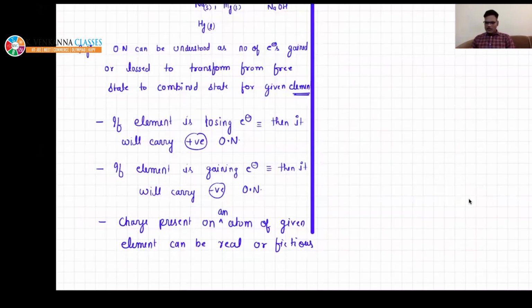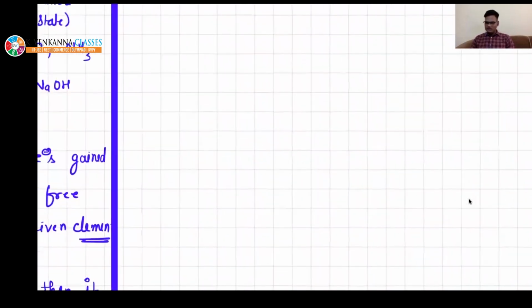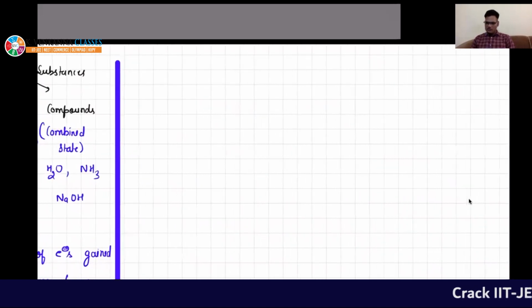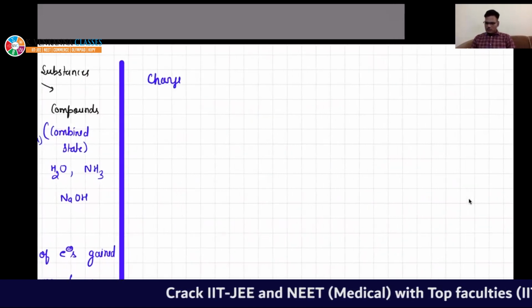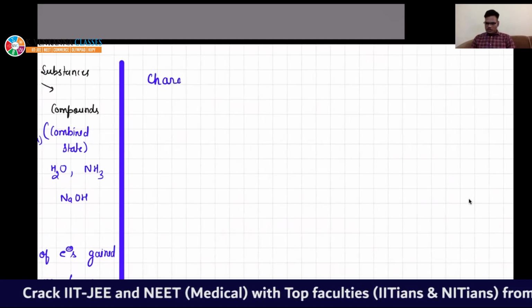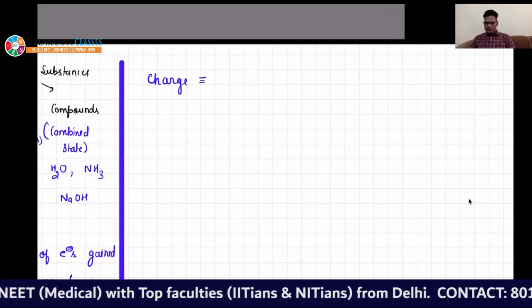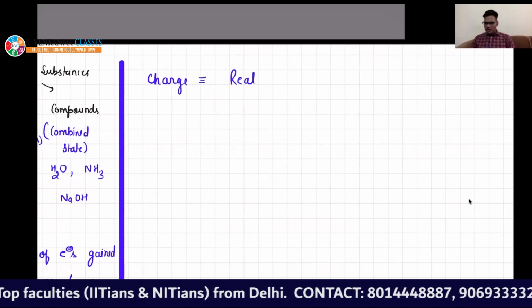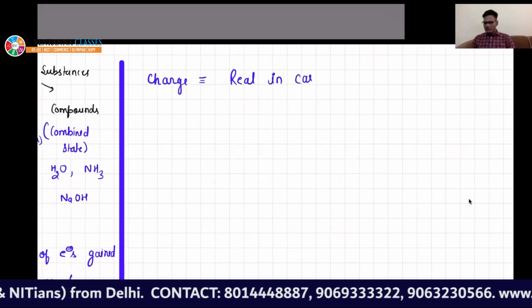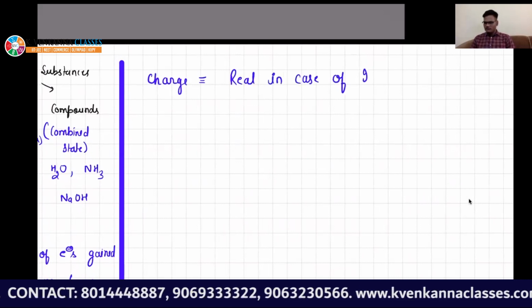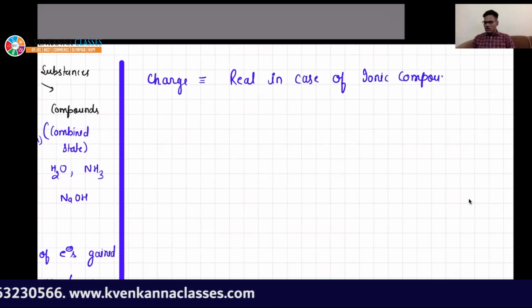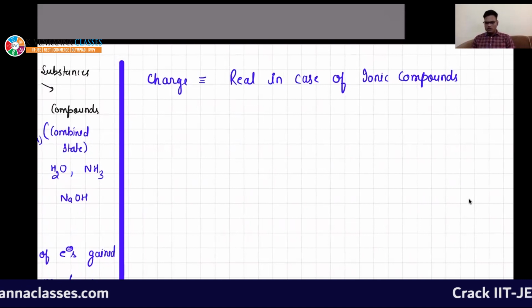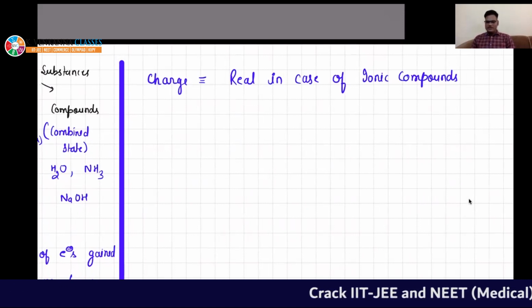The charge present on an atom of a given element can be real or fictitious. What does it mean? Charge or oxidation number will be real in the case of ionic compounds. In ionic compounds, the charge present on ions is real.